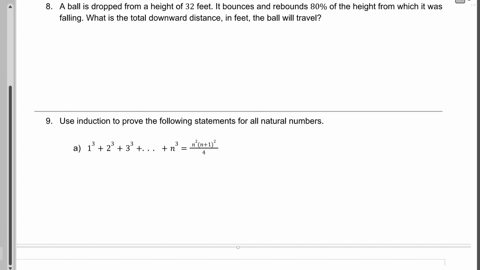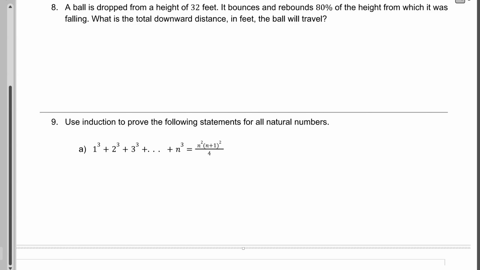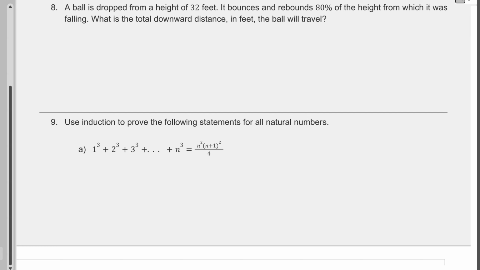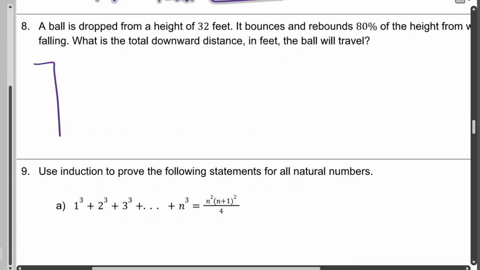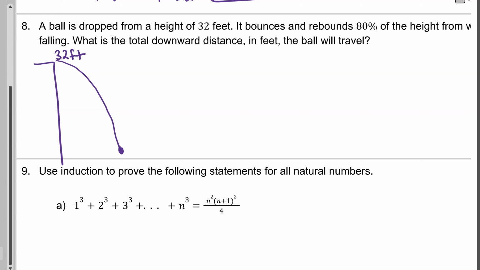So let's consider what's happening here. We've got somebody drops a ball from a height of 32 feet, right? So it comes down and it initially travels 32 feet downward, right? Bounces back up, rebounds only to 80% of the height, and then it will continue that and so on and so forth.